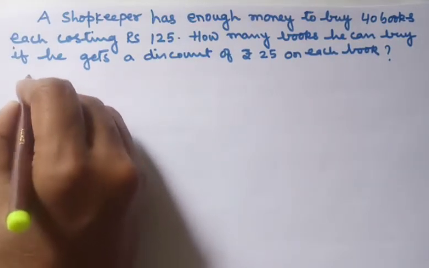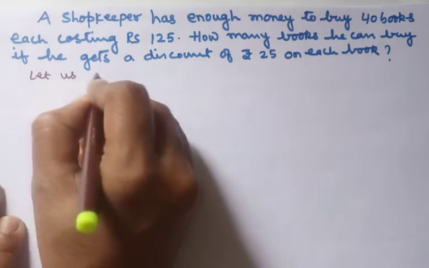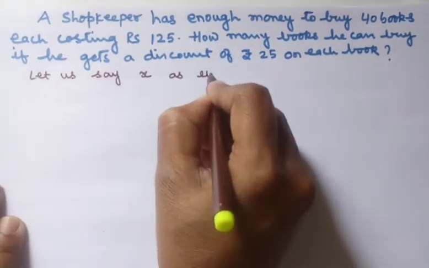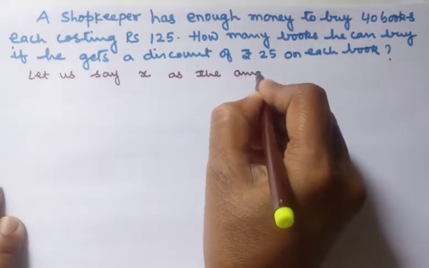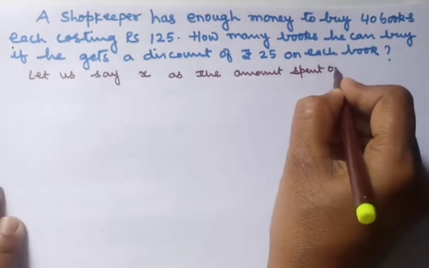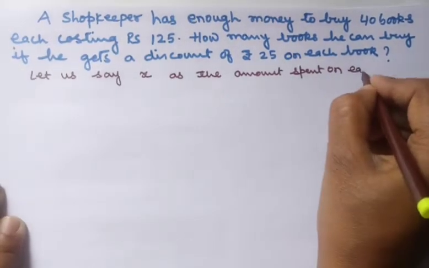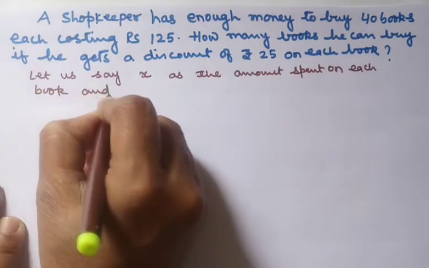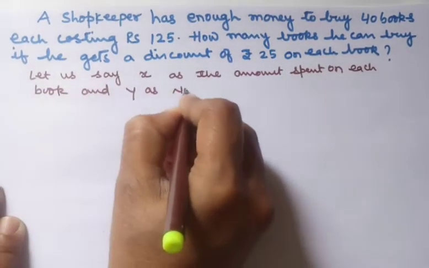Let us say x as the amount spent on each book and y as the number of books.